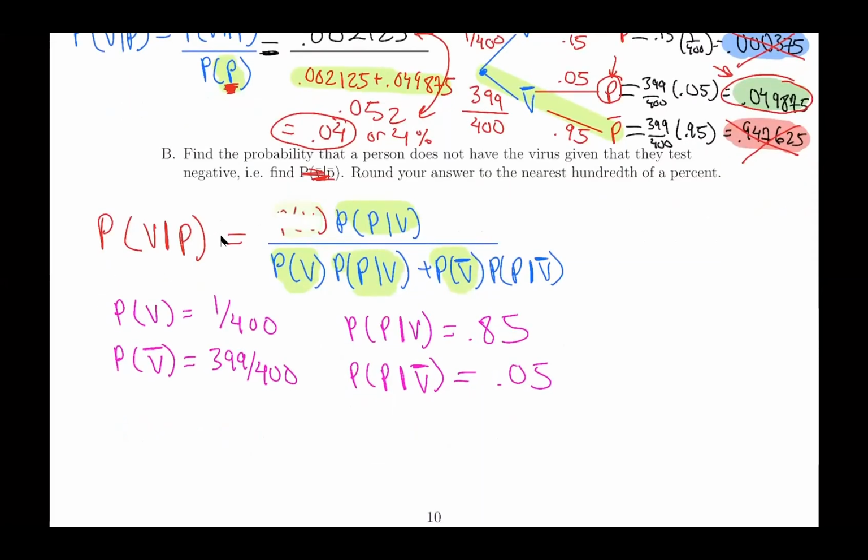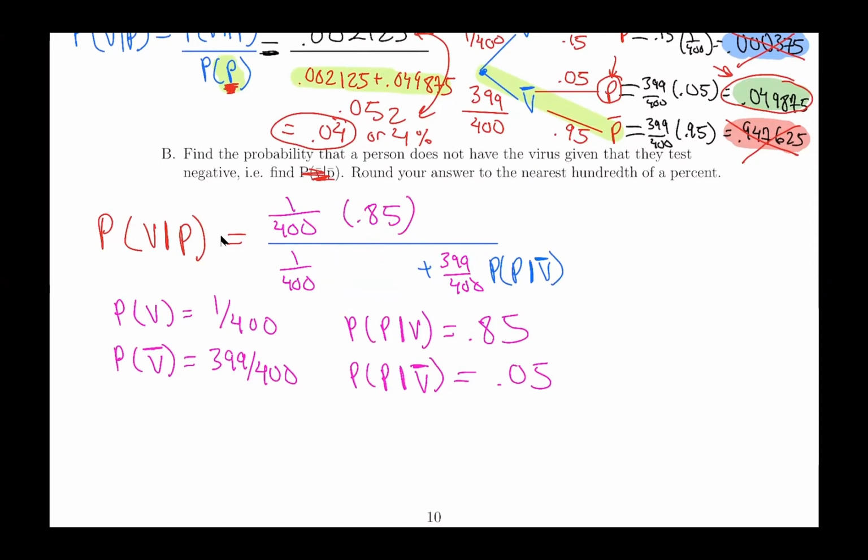Right here we said probability of V, you do 1 divided by 400. Once again, right here we said probability of V, you put 1 divided by 400. Right here where it said not V, that will be 399 divided by 400. Where it says probability of P given V, it will be 0.85.